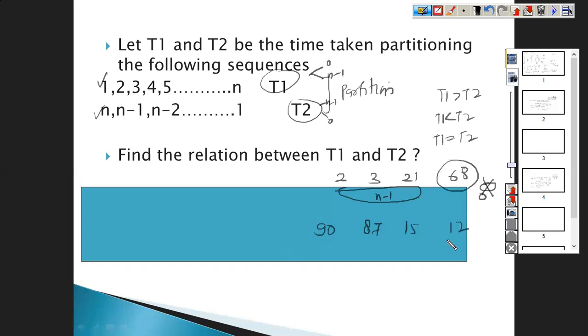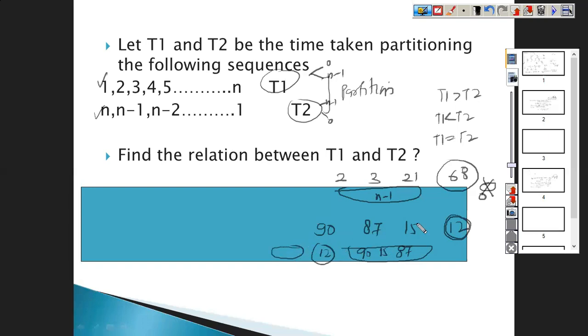Now what will happen? If I take this as my pivot, the pivot will be kept at the correct position, and you will find all the elements 90, 15, 87 here. I don't know the sequence; it depends on the kind of swapping we are doing. But what is confirmed is that the left hand side will be less than 12 and the right hand side will be more than 12.